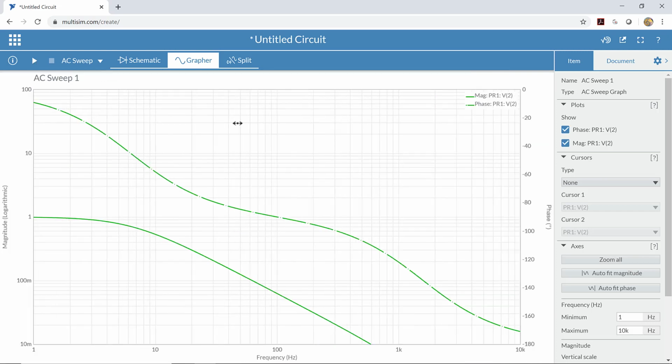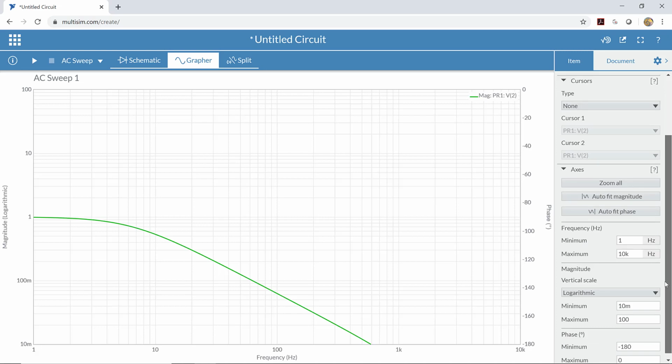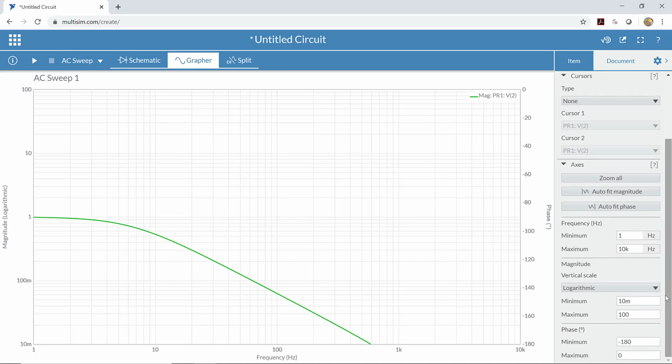Okay, so that is looking much more reasonable. So we can make our maximum value here just 1.